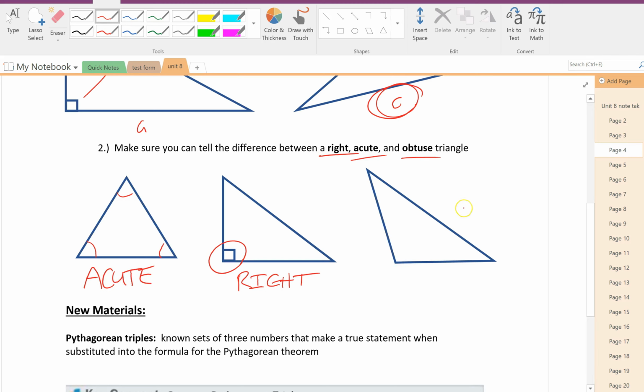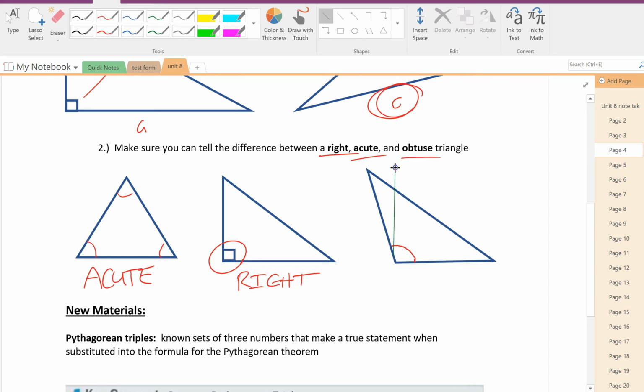Obviously, then that leaves this triangle on the right to be the obtuse triangle. Here's why. An obtuse triangle is a triangle with at least one angle greater than 90 degrees. We can see that it's going to be this one in the lower left, bigger than 90 degrees. How do I know? The easiest thing to do is take a corner of a piece of paper, line it up with this.